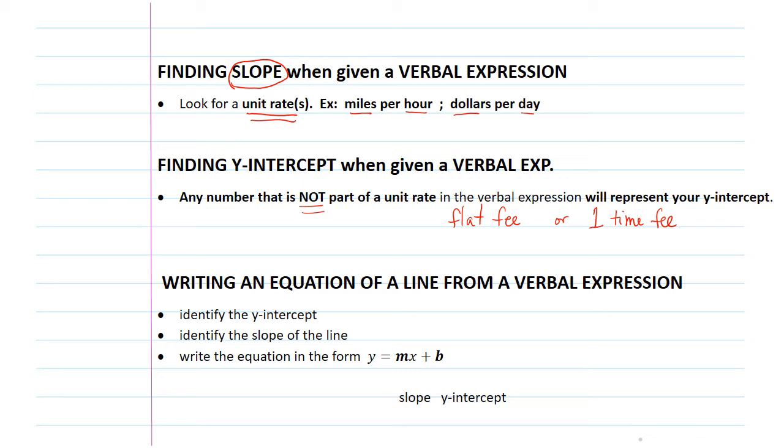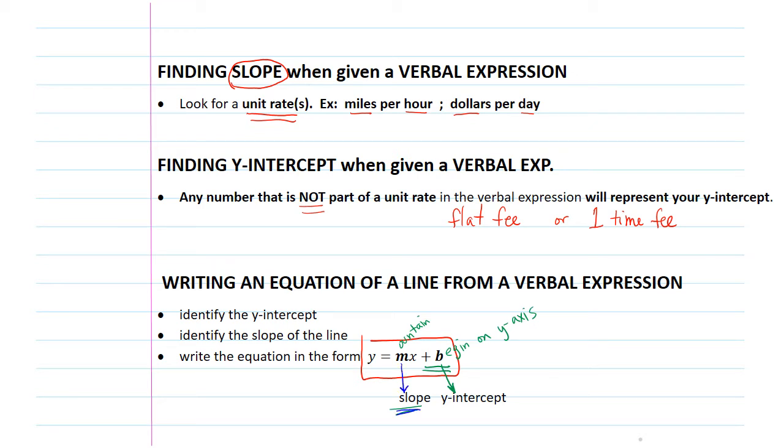And then in writing an equation of a line from a verbal expression, we're always going to use this format right here: y equals mx plus b. B is the y-intercept. I like to begin, you can think of begin on the y-axis, to get our b value, and then identify the slope, and remember that m stands for slope, and mountains have slope.